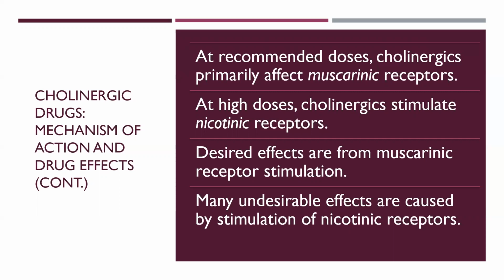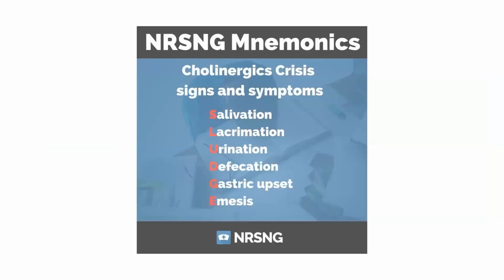So the higher doses you get is when you get those undesirable effects, when we're hitting those nicotinic receptors. So this is just another one of those nursing memory type things. Our cholinergic crisis signs and symptoms, where we're going to have that SLUDGE: salivation, lacrimation, urination, defecation, gastric upset, and emesis.